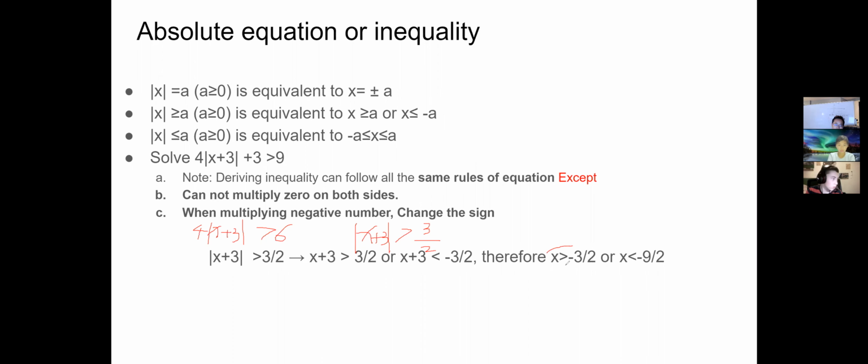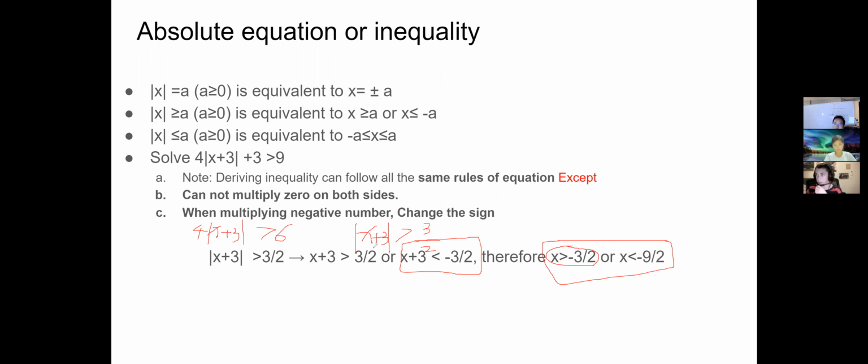This is the solution for the first one. Or from x plus 3 less than negative 3/2, you minus 3 on both sides and get x is less than negative 9/2. So essentially we have a range of this.